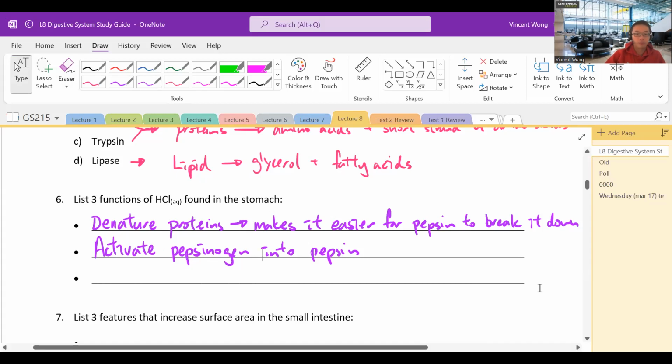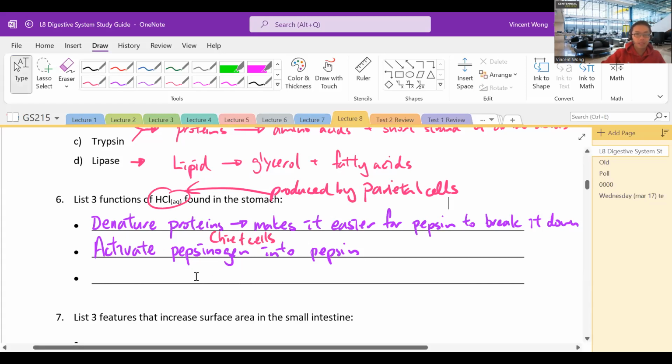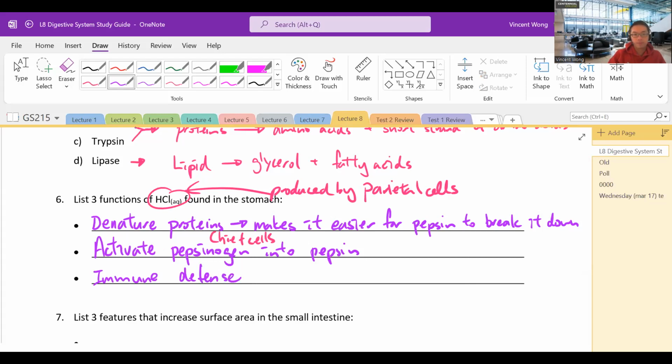That's correct, Nor. That's the chief cells. So pepsinogen is produced by chief cells, whereas the hydrochloric acid is produced by parietal cells. And one last function for hydrochloric acid, basically immune defense, right? It's part of your chemical barrier.